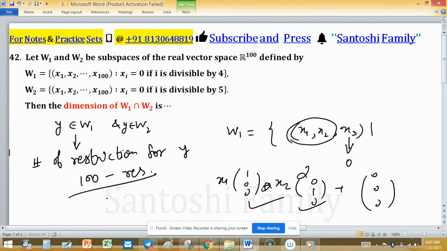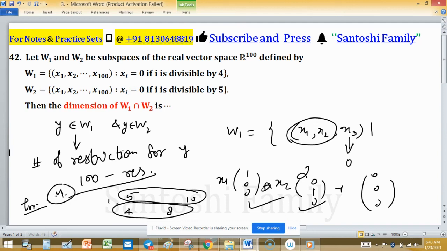So if i is running from 1 to 10, up to 10, i is divisible by 4 for 4 and 8. And if i is divisible by 5, then 5 and 10 will be the two numbers. So the total number of restrictions up to 10 is 4.